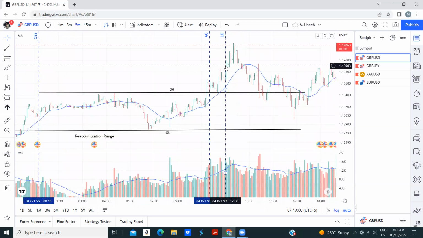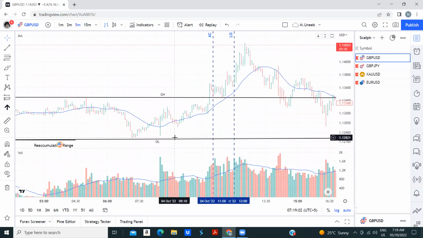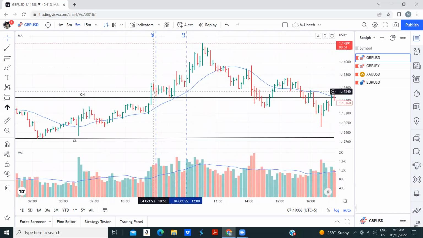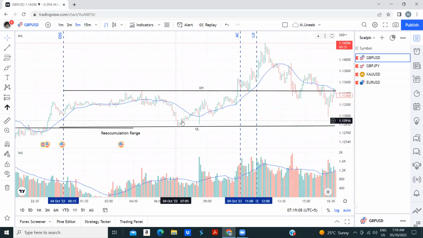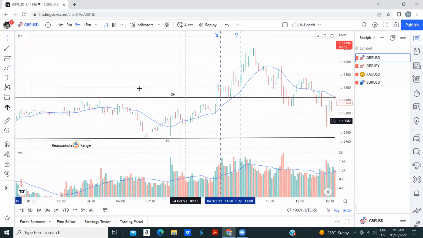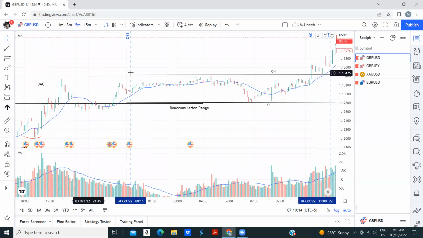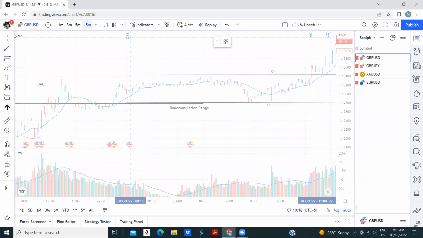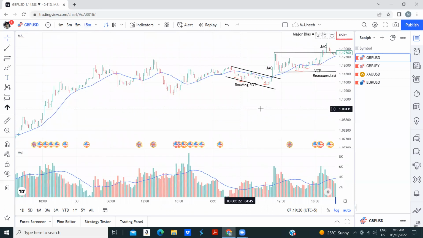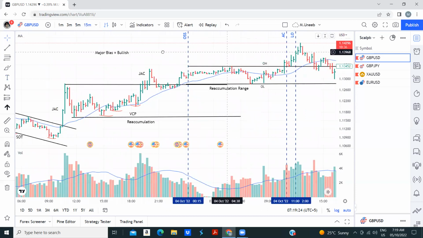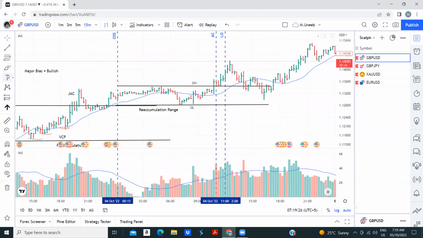Now here, we are on a 5-minute time frame. This is jump across the creek. So obviously, if you go to the 15-minute time frame here again, if this is jump across the creek, and then the price starts ranging, then this whole thing is jump across the creek.